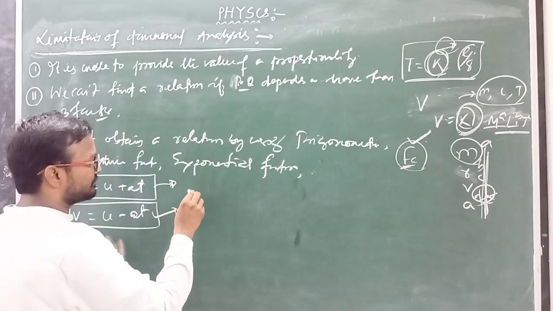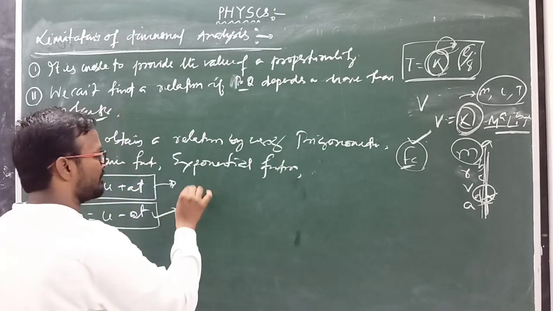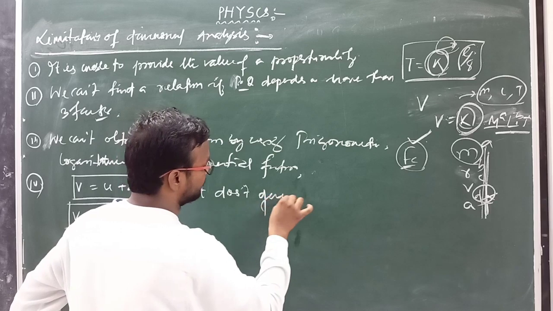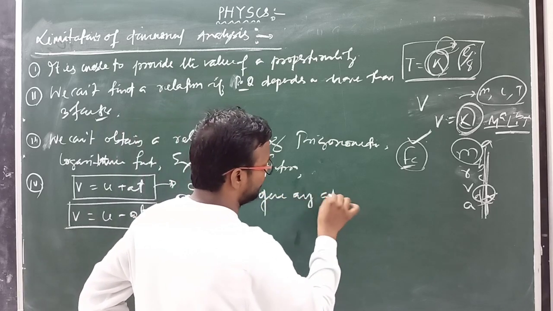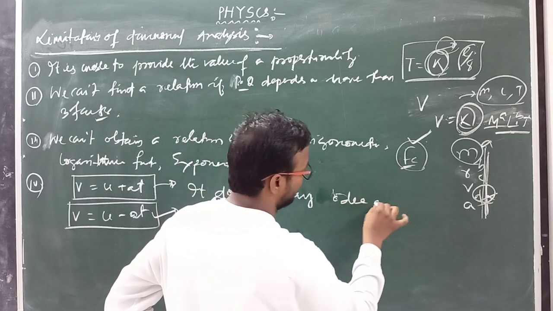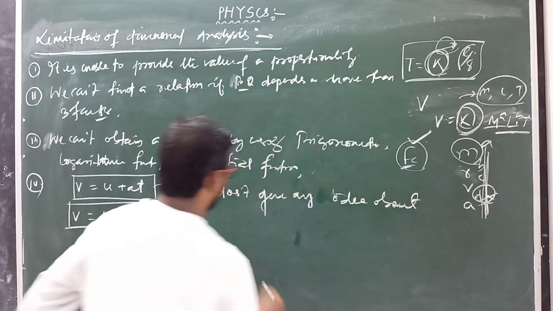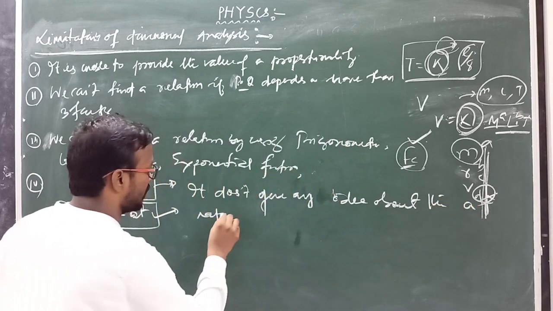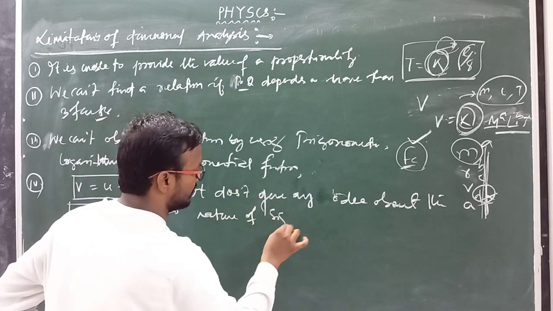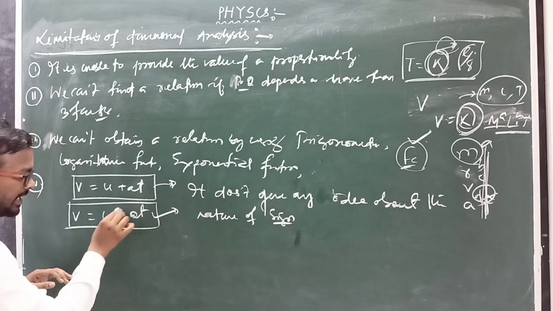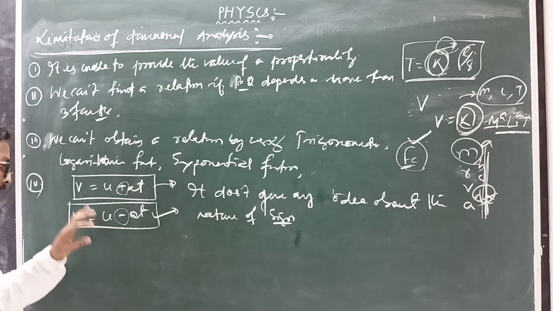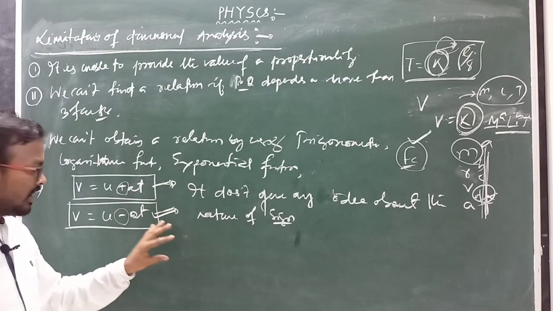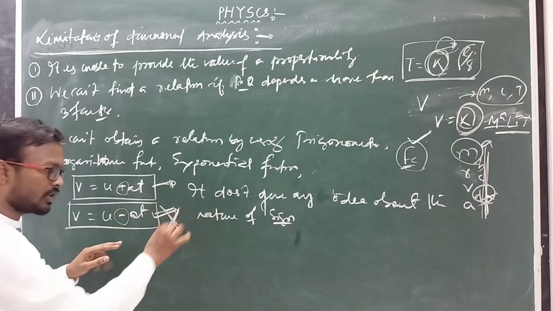So dimension does not give any idea about the nature of sign, whether this is negative or this will be positive. Clear? According to dimension, these two relations are dimensionally correct, but this relation is physically not correct.